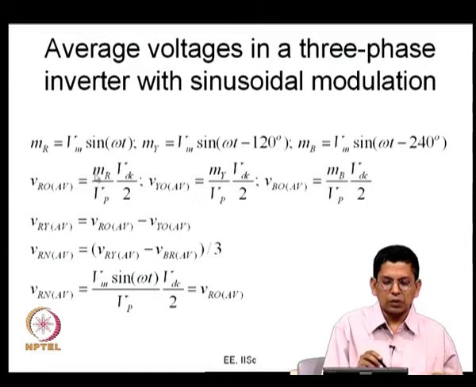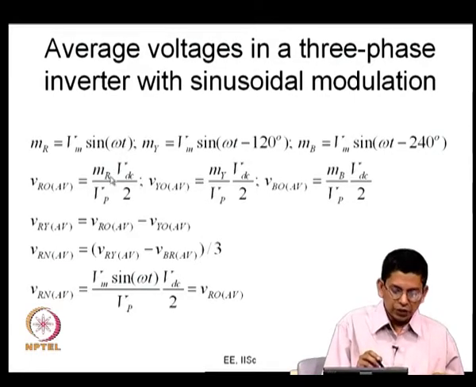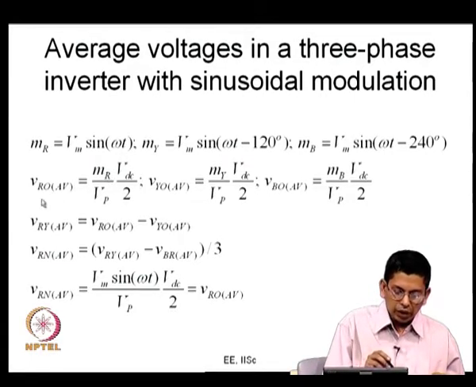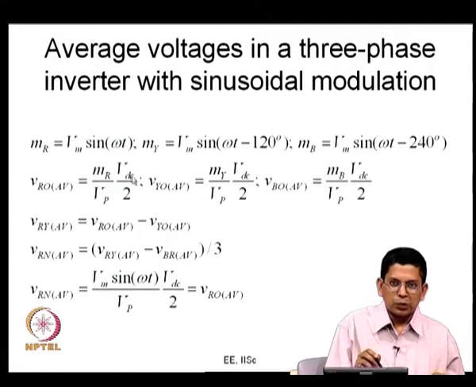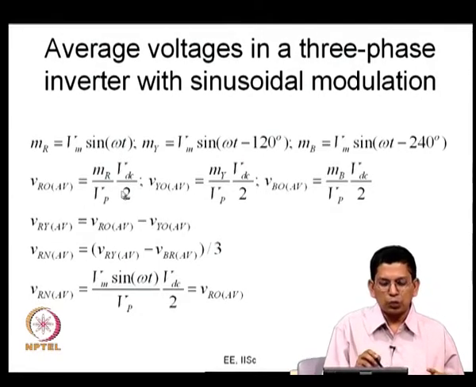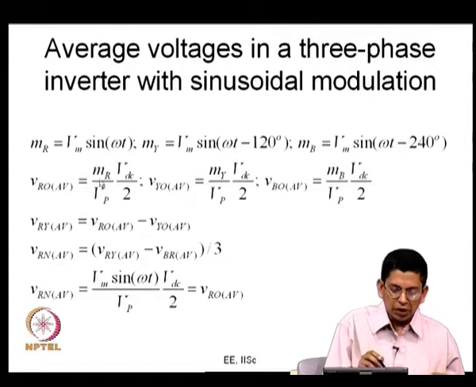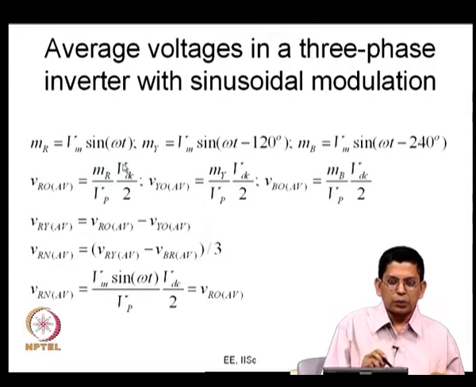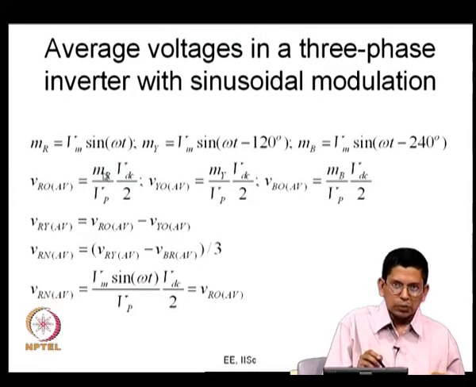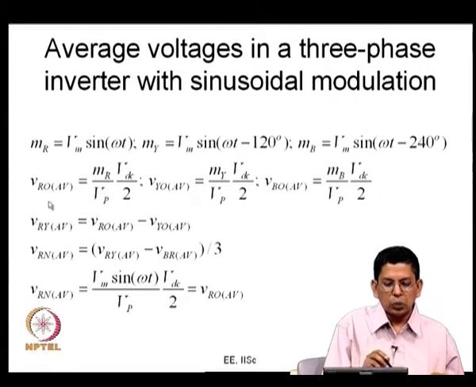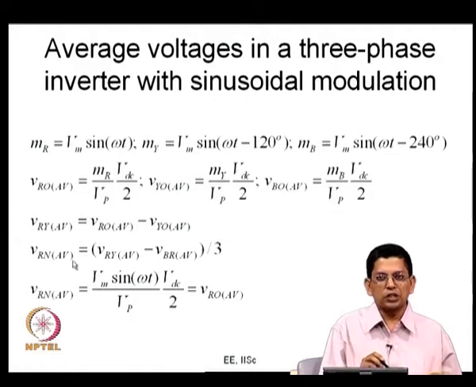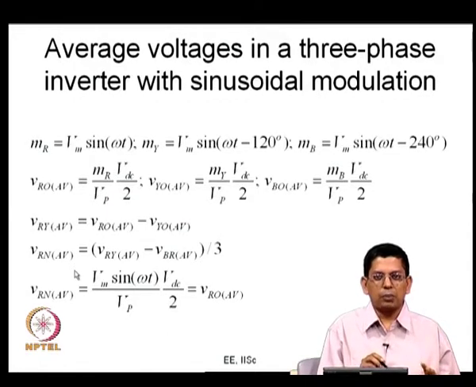If it is Vp, then VRO average is nothing but VDC by 2. If MR is equal to minus Vp, then the average pole voltage is equal to minus VDC by 2. So, for any value of MR between minus Vp and plus Vp, you will get some average pole voltage between minus VDC by 2 and plus VDC by 2.